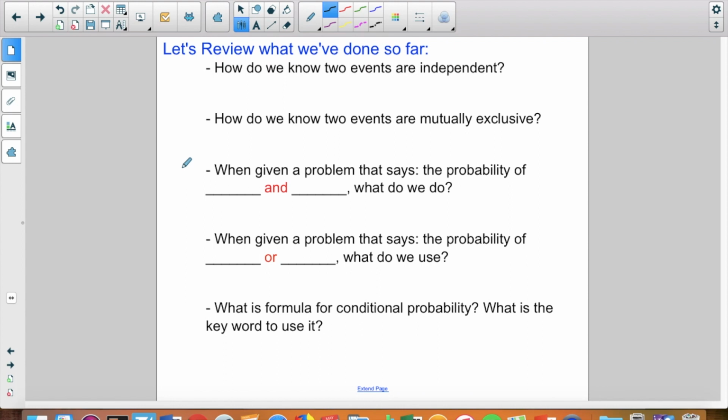Let's do a little review of everything we've done so far. How do we know two events are independent?